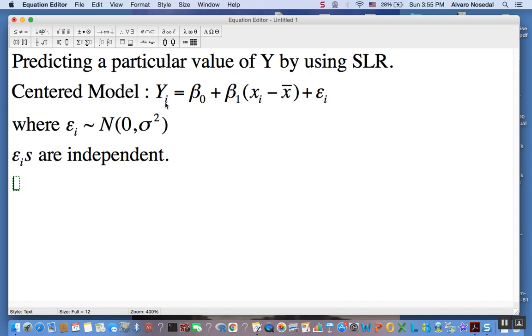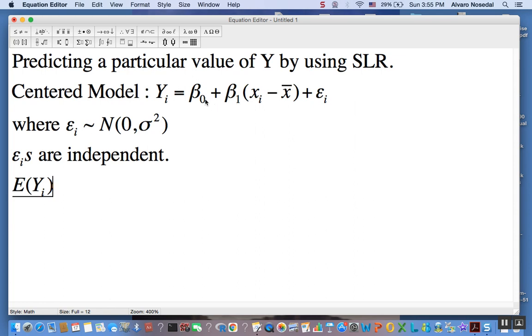The y's will be normally distributed, and the mean of the response variable yi will be the expected value of this expression here. Beta 0 and beta 1 are our parameters.